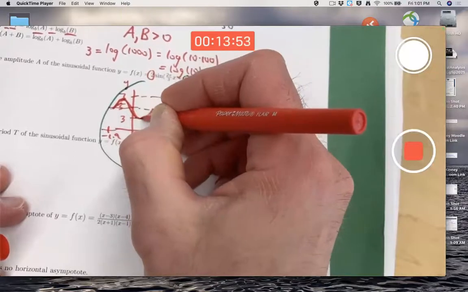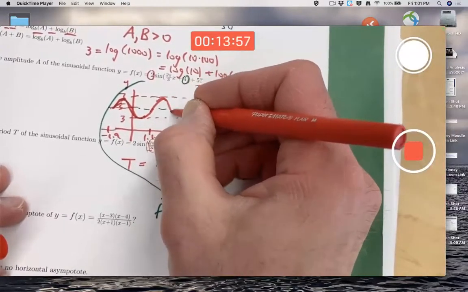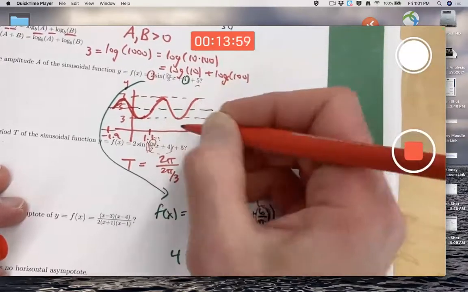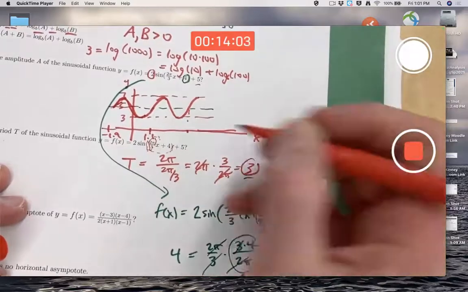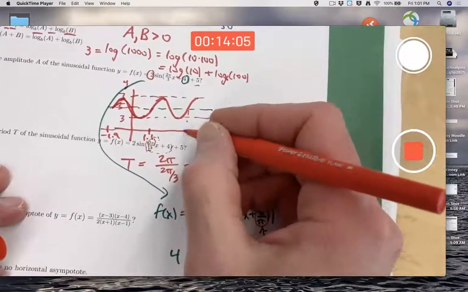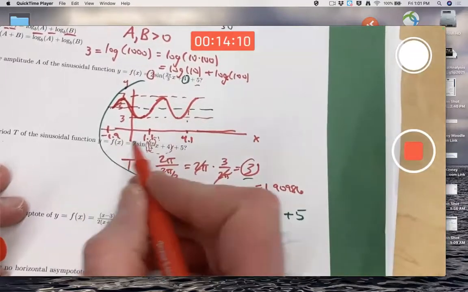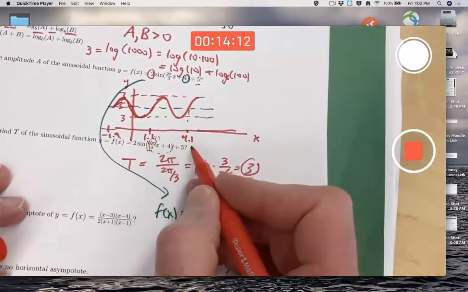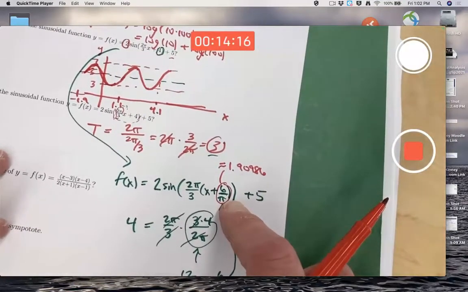Like that. And then it's periodic. It keeps going like that forever. It's going to go back up to where it started within about another 3 units. The period is exactly 3. But these numbers, negative 1.9, positive 1.1, and positive 4.1 are approximate because I was approximating 6 over pi to be about 1.9.